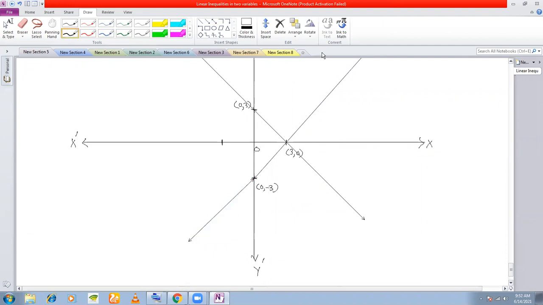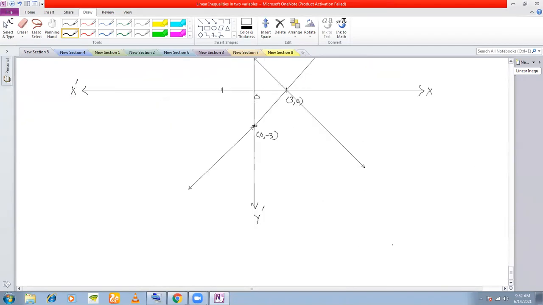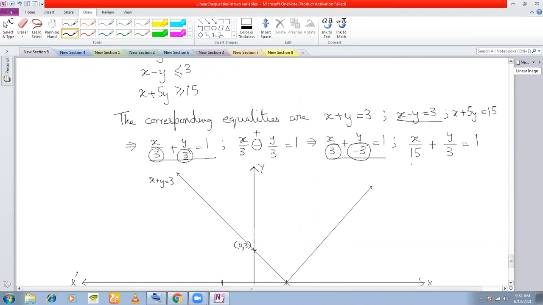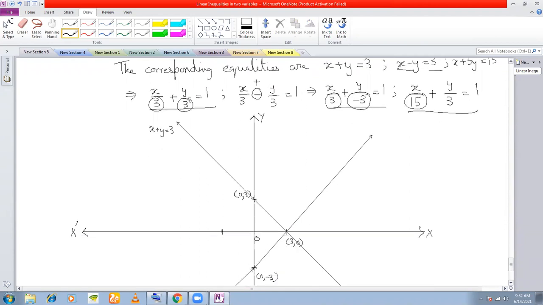We'll write the equation here. The equation here is x minus y is equal to 3. And third one, x plus 5y is equal to 15. Corresponding equation is x by 15 plus y by 3 is equal to 1. So below x you have a 15, so it will pass through 15, 0. Let's say 15, 0 is somewhere over here. And 0, 3 it will pass through.